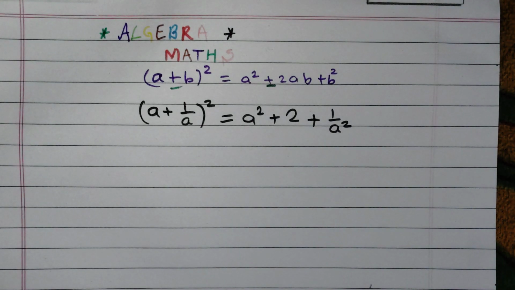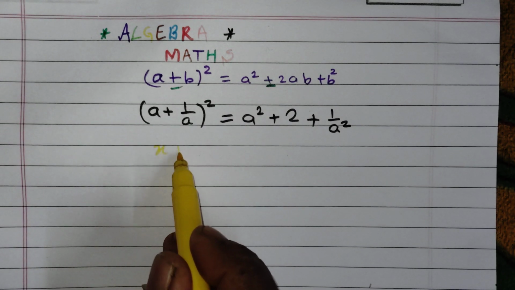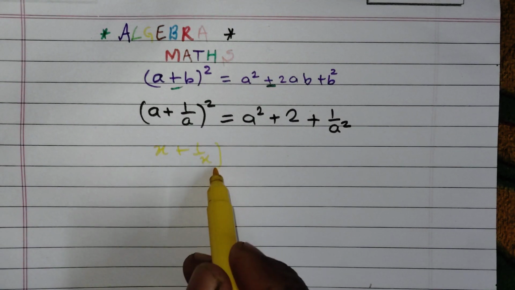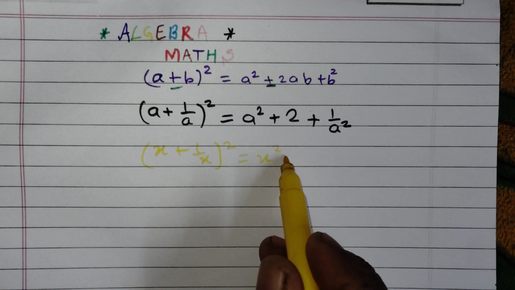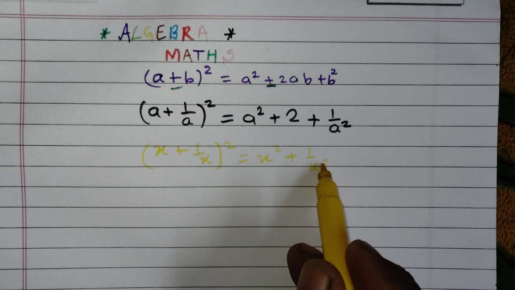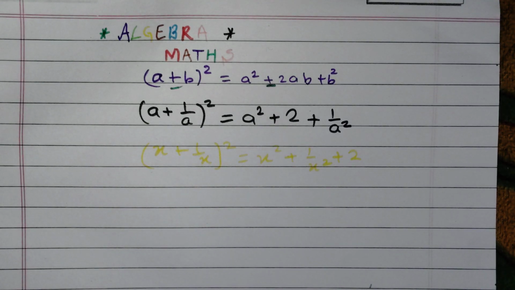This is the (a plus 1 upon a) whole square identity. Similarly, if we replace a with x, we can write (x plus 1 upon x) whole square is equal to x square plus 1 upon x square plus 2. We can write this middle term 2 in the end.